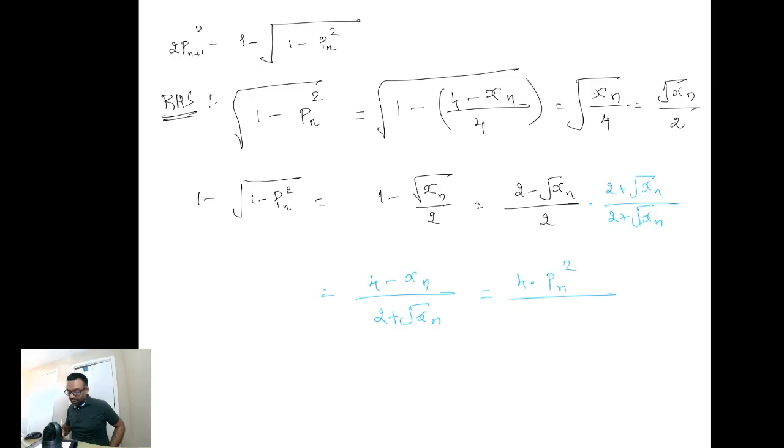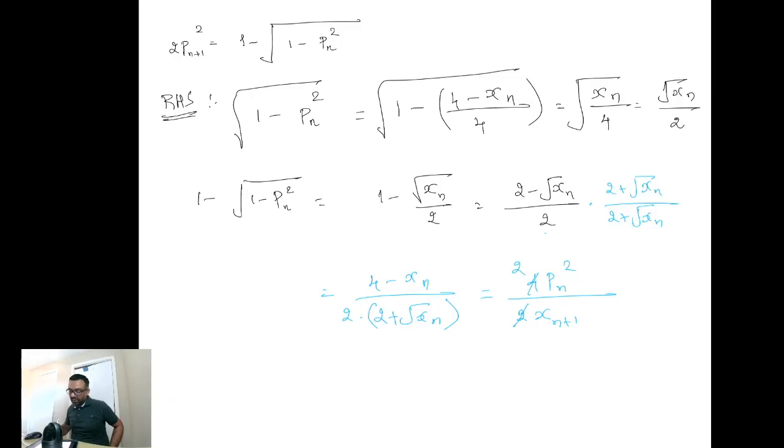And what is 2 plus root xn? This is xn plus 1. Fair? Oh, there's a 2 here as well. So there's a multiplying factor of 2 times this. So you'll only have a... right.